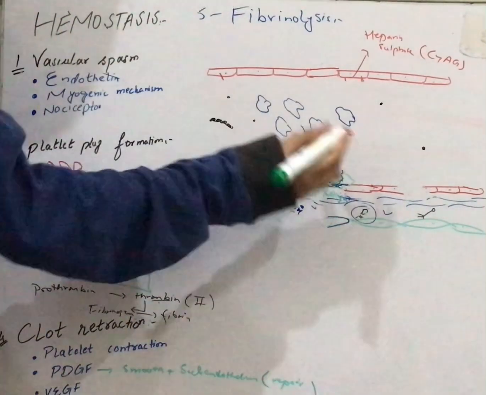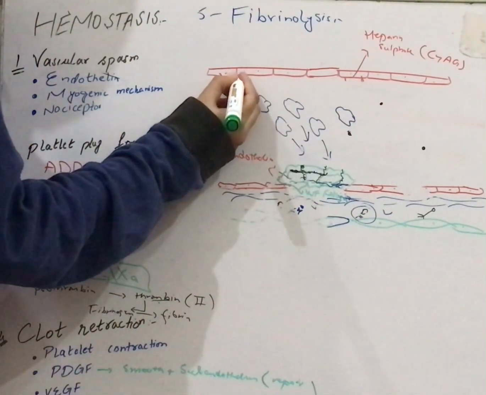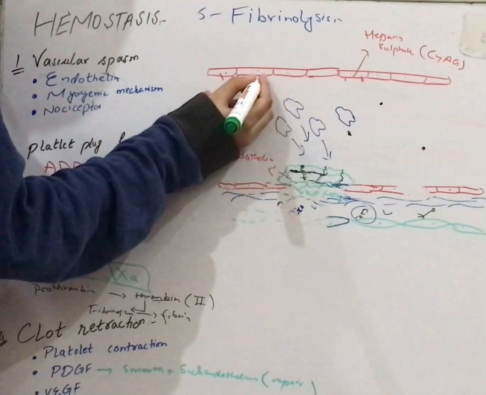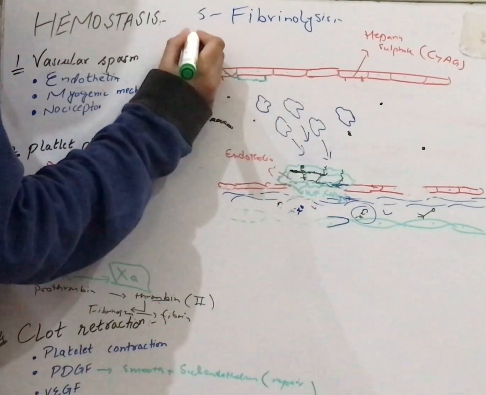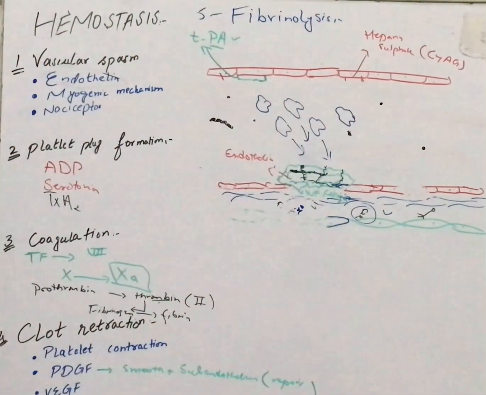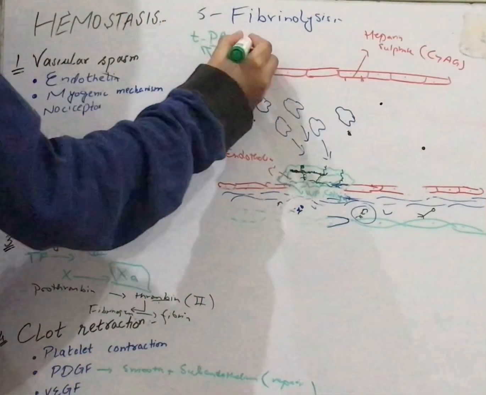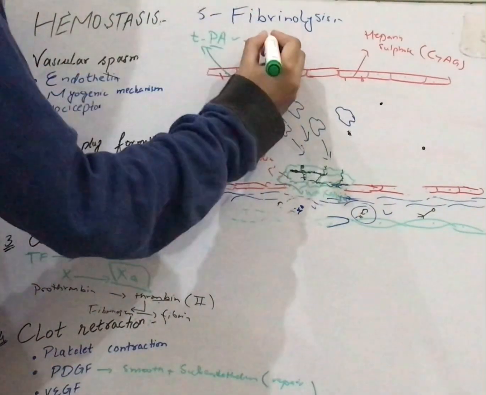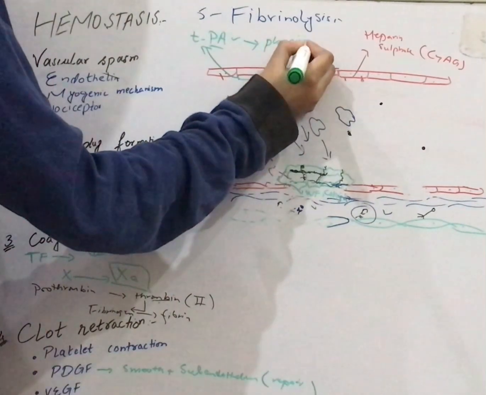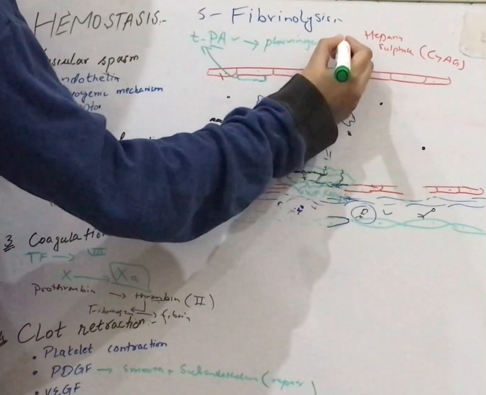Our endothelium has tissue plasminogen activator. It normally has tissue plasminogen activator. What is the function of plasminogen activator? It will convert plasminogen to plasmin.